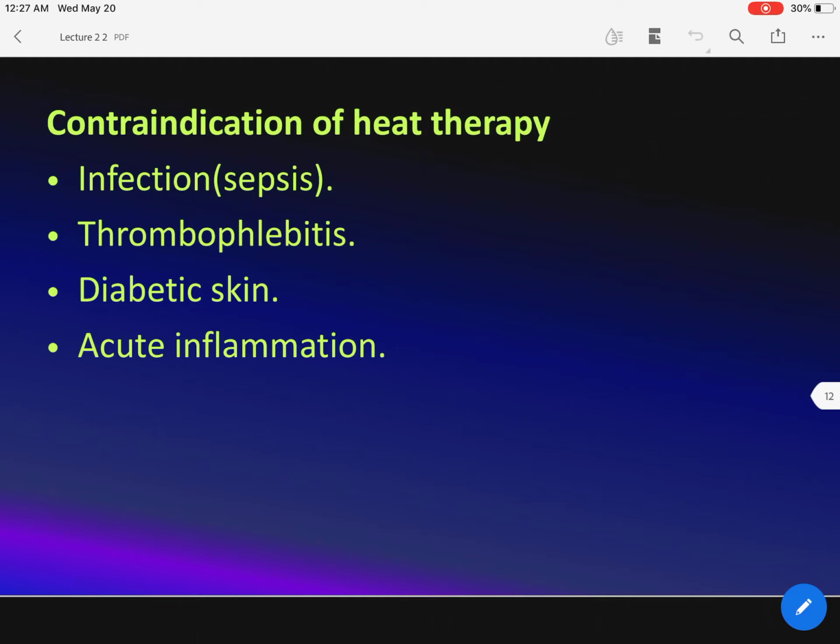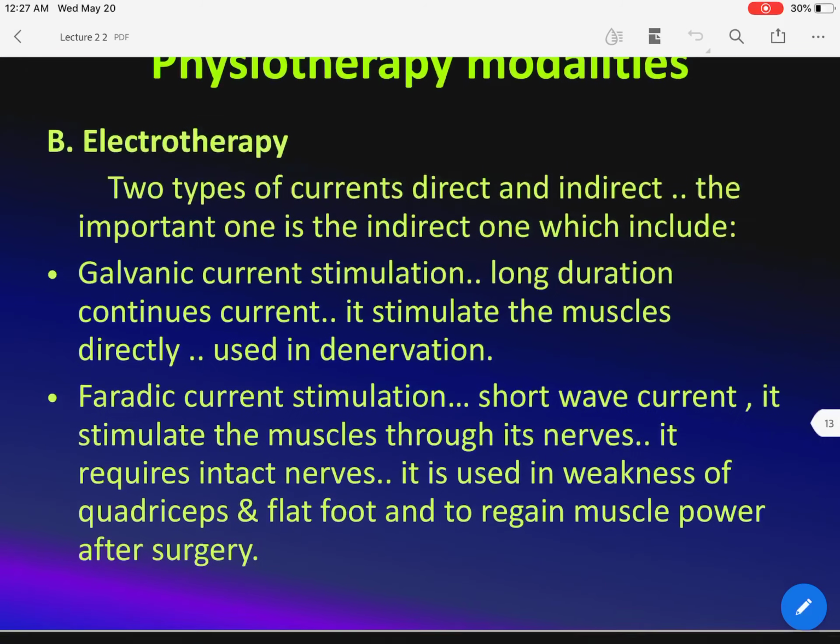This acute inflammation means like cellulitis or boils or something like this. These are the most important contraindications for all types of heat therapy.